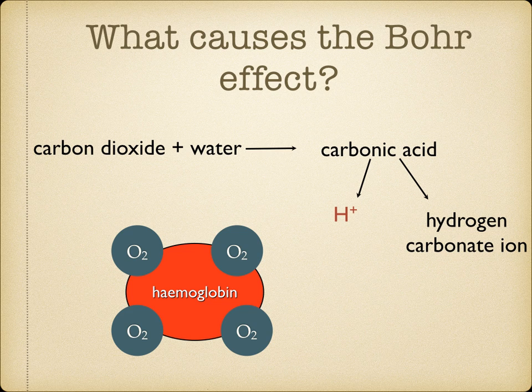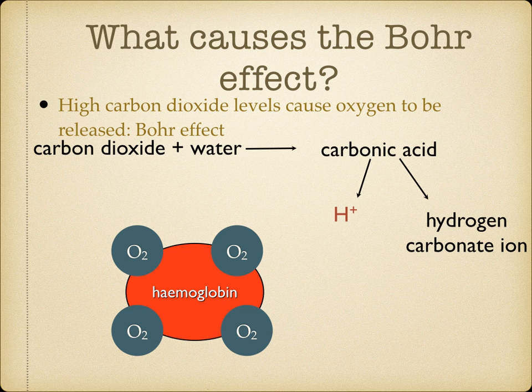It's the hydrogen ions that lower the pH and the affinity of hemoglobin for oxygen. So high carbon dioxide levels cause oxygen to be released, and this is the Bohr effect.